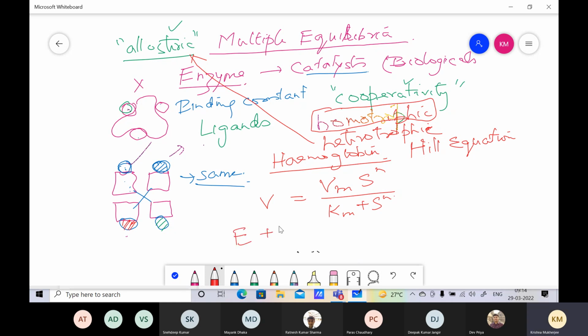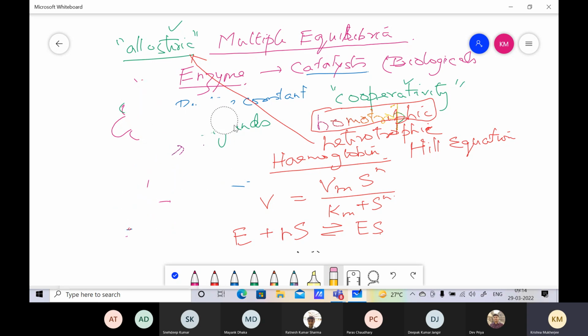binds with n substrate molecules to give ES. Okay, and so the association constant, let us say.